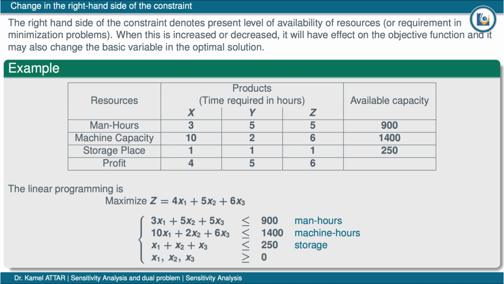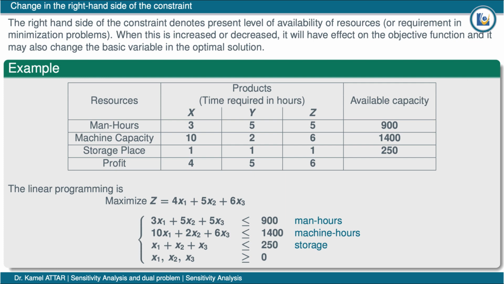And each unit of product Z takes 5 man-hours, 6 machine hours and 1 cubic meter of storage space. The maximum capacity of man-hours is 900, of machine hours is 1400, and of storage space is 250.